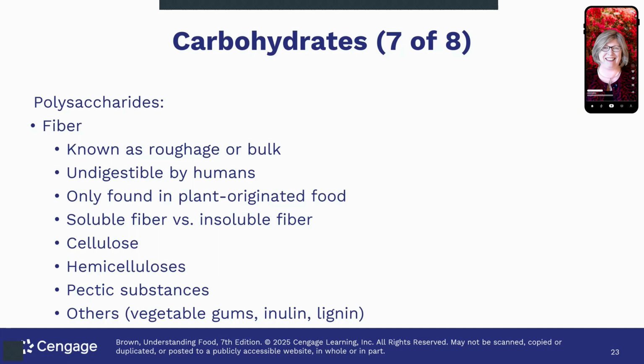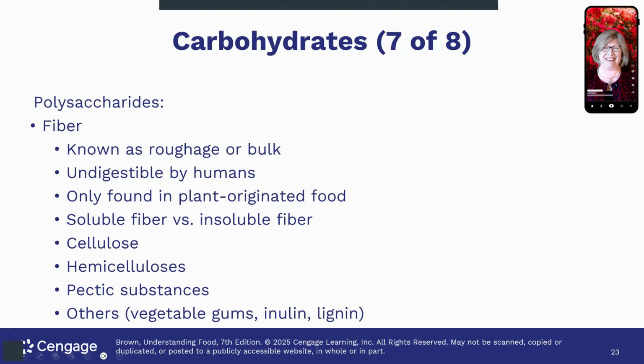Another category of polysaccharides is fiber, which is also known as roughage or bulk. This is not digested by humans, so it helps gastric motility. It can bulk up the stool as long as the person is also consuming enough water for that to happen. This is found only in plant originated foods. You have soluble fiber and insoluble fiber.